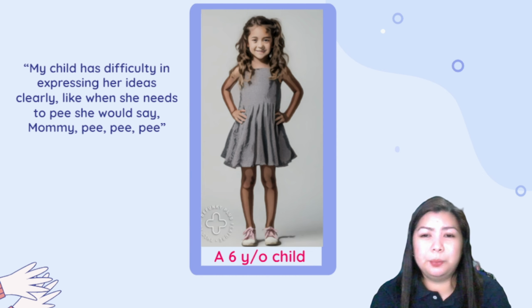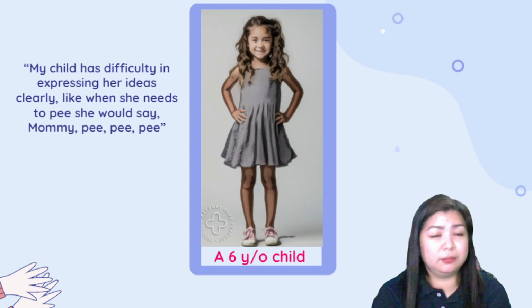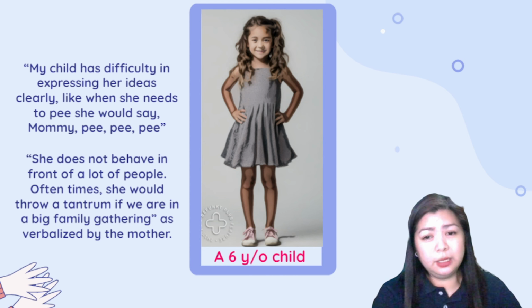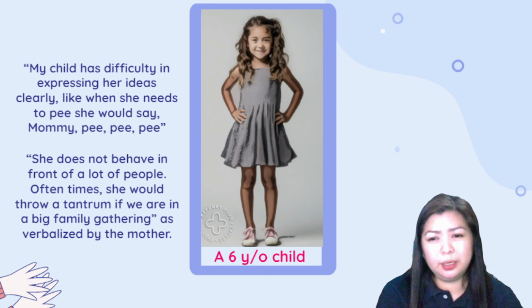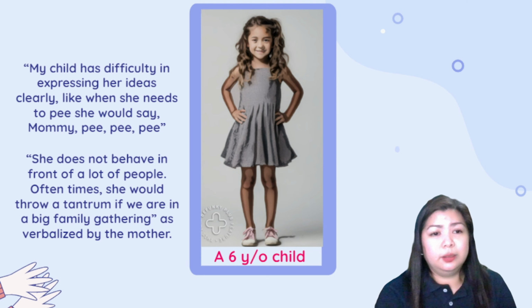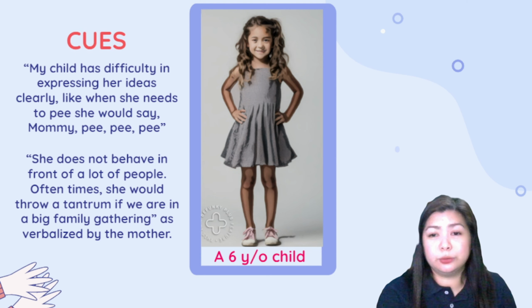Like when she needs to pee, she would say, Mommy, pee, pee, pee. Okay. She does not behave in front of a lot of people. Oftentimes, she would throw a tantrum if we are in a big family gathering, as verbalized by the mother. Okay, so these are your cues.